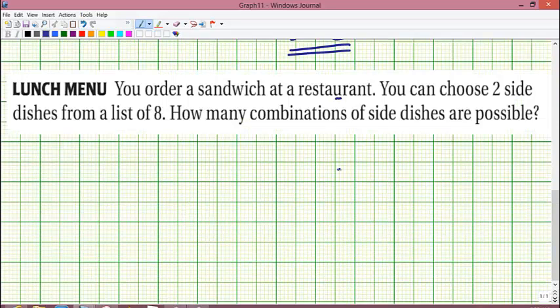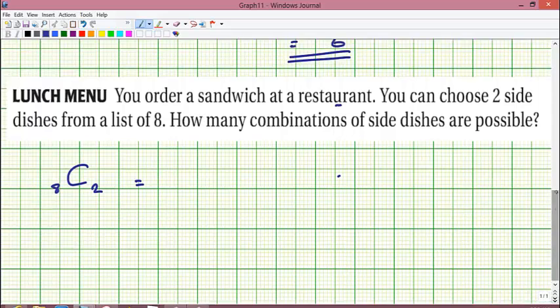Let's look at a specific example. You order a sandwich at a restaurant, and you can choose 2 side dishes from a list of 8. How many combinations of side dishes are possible? Well, order is clearly not important in this case, so this is a combinations problem. We have a total number of 8 choices, and we are going to take 2 of those.